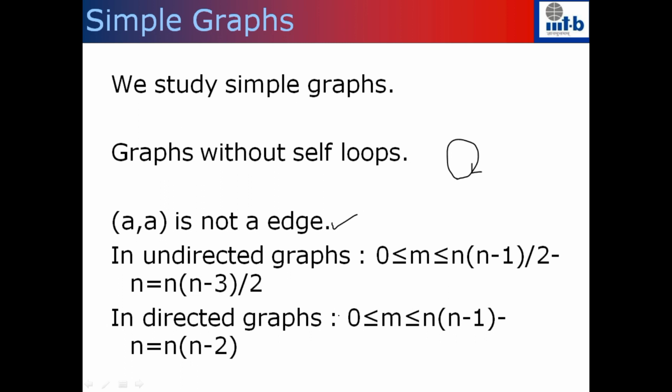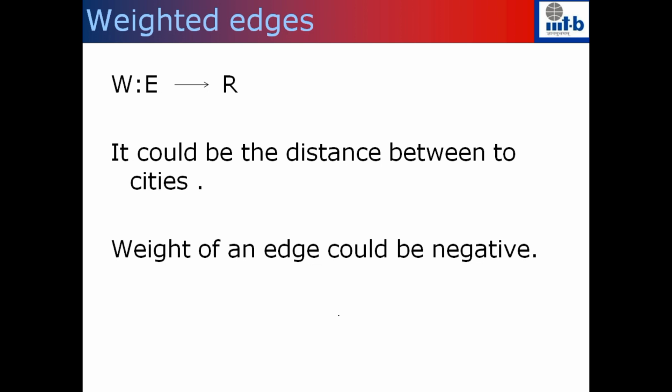We will also come across what are known as weighted graphs. In weighted graphs, every edge in the graph is associated with a weight, which is a real number. More mathematically, w is a function which takes an edge and gives you a real valued number.